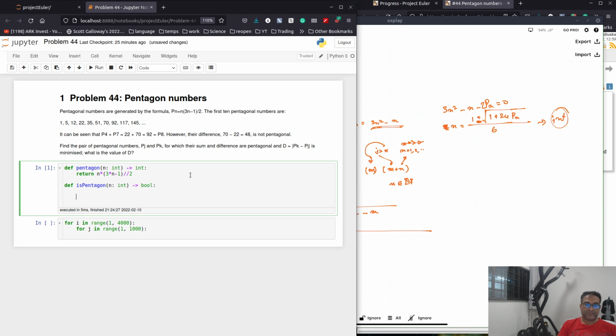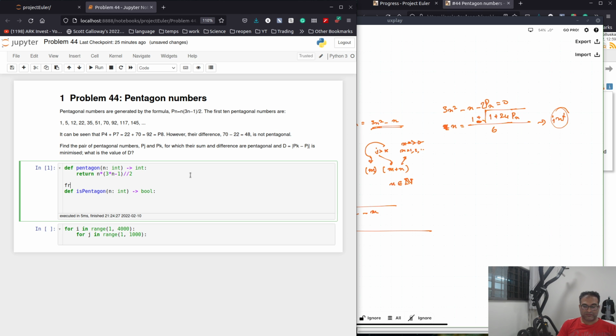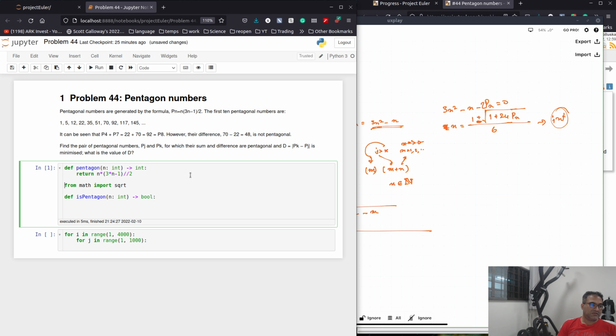Okay, so from math import square root. I have recently come to know that at Google they recommend you do the imports as close as possible to the place where it's used. I don't know why, but this seems to be something that's happening at Google, so just something to keep in mind.